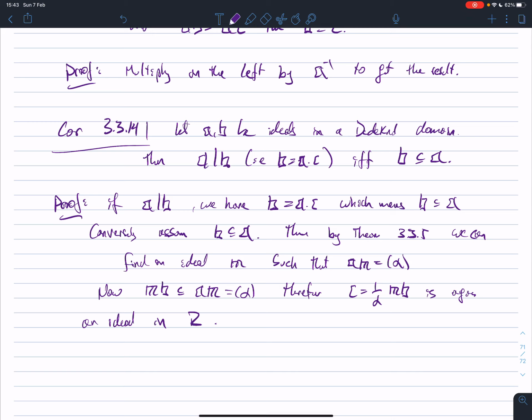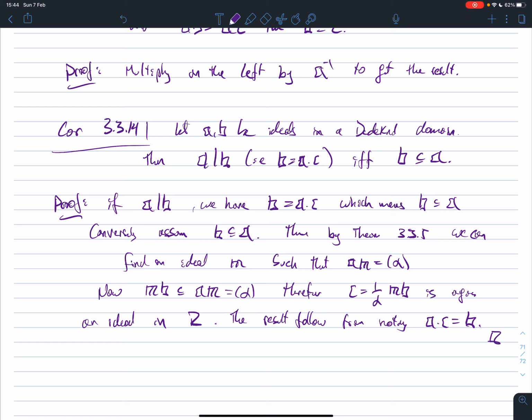Now the result follows from noting that A times C is just B. If I take C and multiply by A, I end up with my original ideal. Great, which means that A divides B.